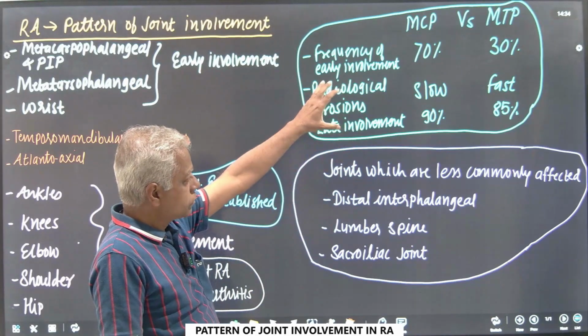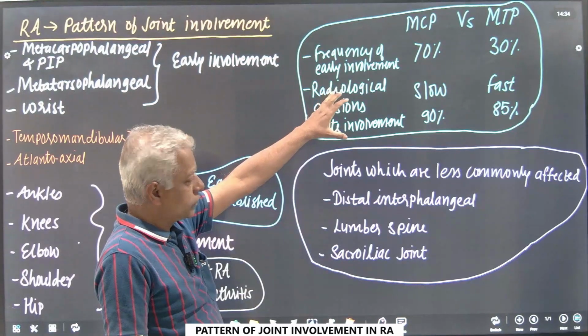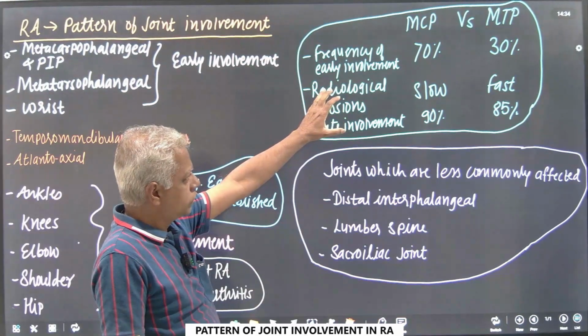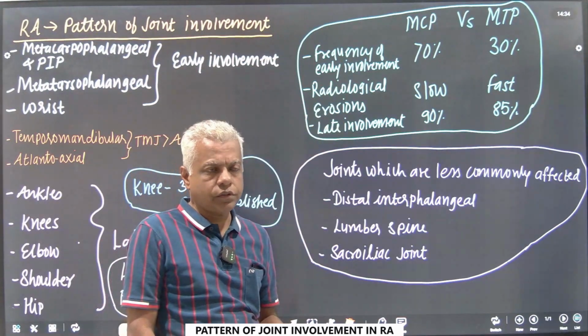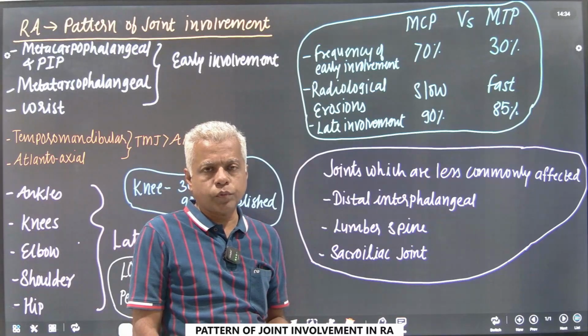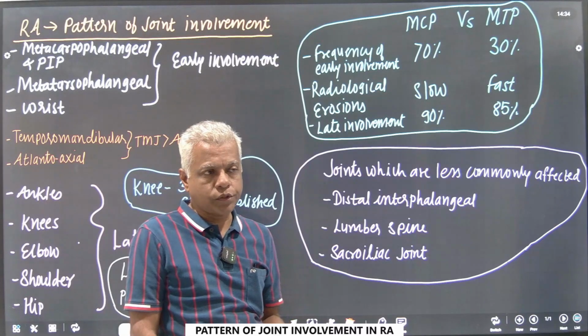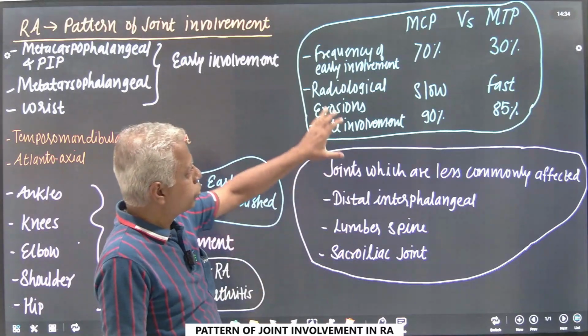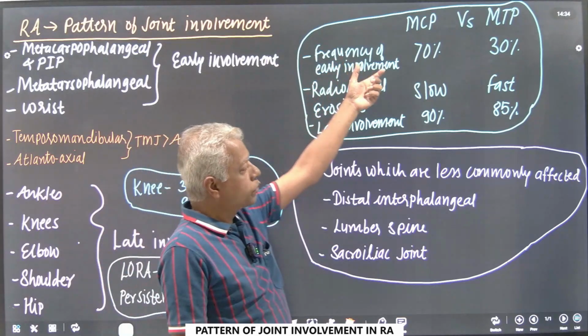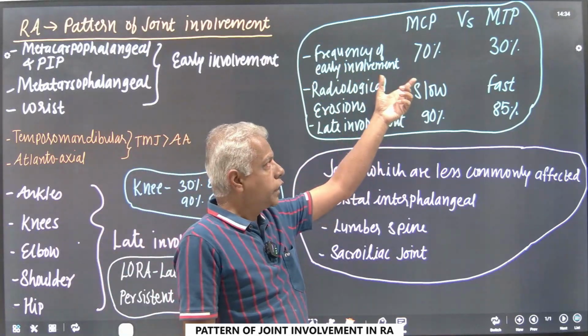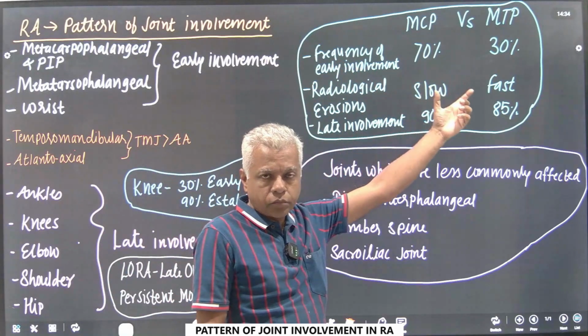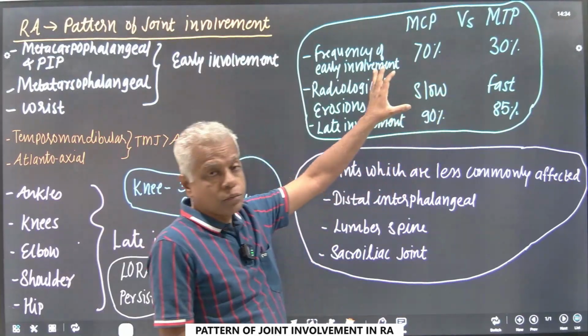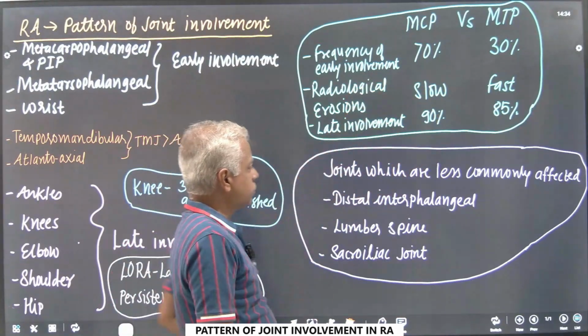Now the percentages which I have mentioned are different in different studies, because different groups of individuals and different populations are involved. But very importantly, the metacarpophalangeal joints are involved more commonly than the metatarsophalangeal. That is the important lesson we should get from this.